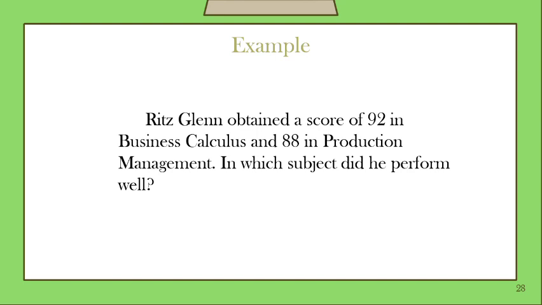So, the raw scores of all students in business calculus and production management are very important so that we can get the information that describes both score distributions. Based on our previous discussion, based doon sa na-discuss ng kagroup ko, the mean value and the standard deviation are necessary to describe the distribution of the scores. So, kung gaano siyang ka-scattered, ganon.